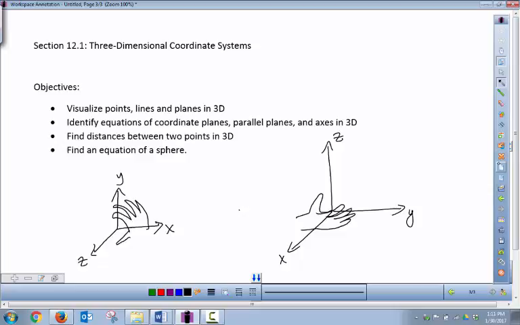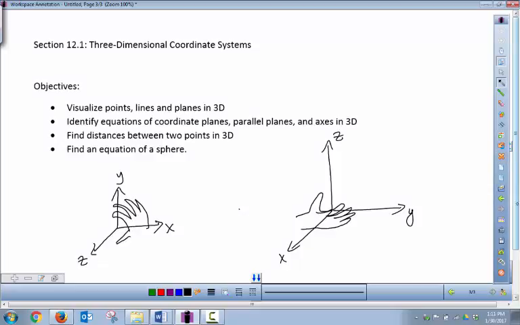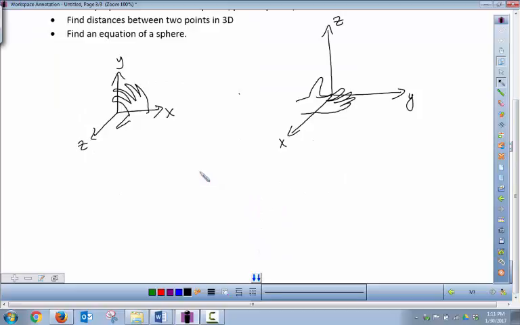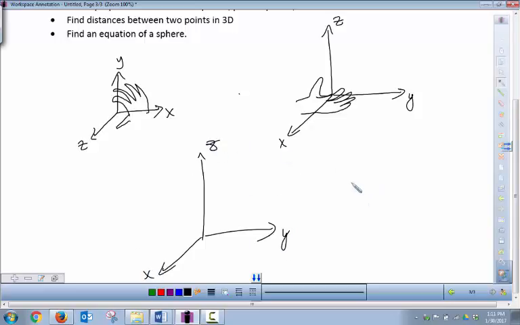Let's take a look at some more information about the 3-dimensional coordinate axis. It's a 3-dimensional coordinate axis with an X and a Y and a Z, and so we can define points in X, Y, and Z. So we can, for example, define 1, 2, 3 as a point.